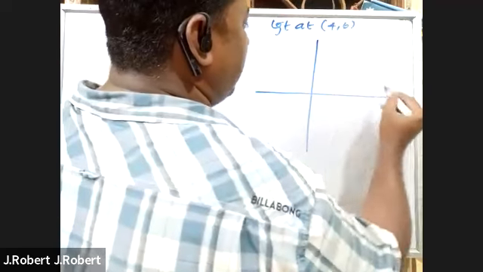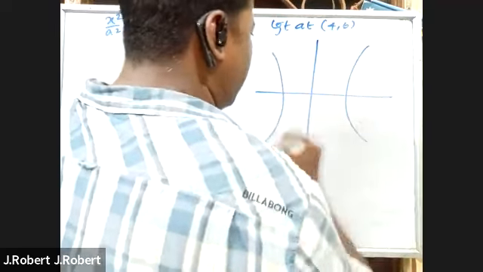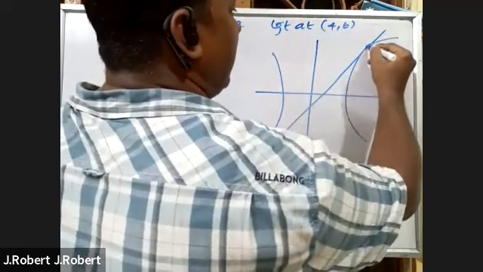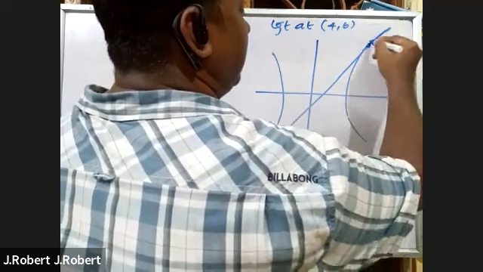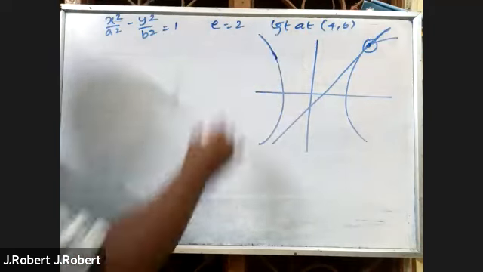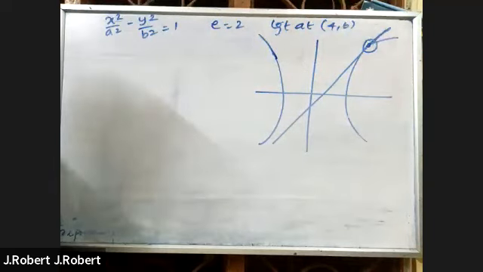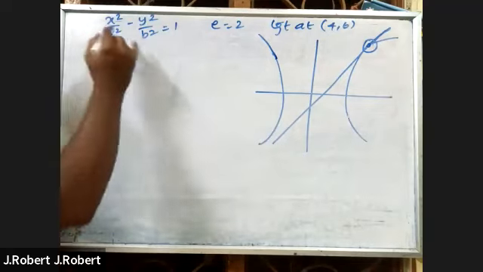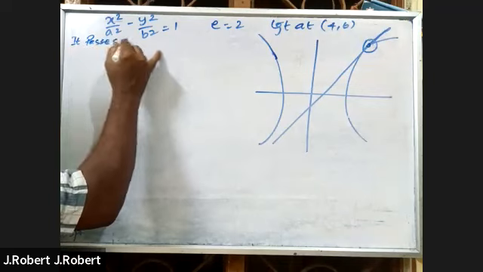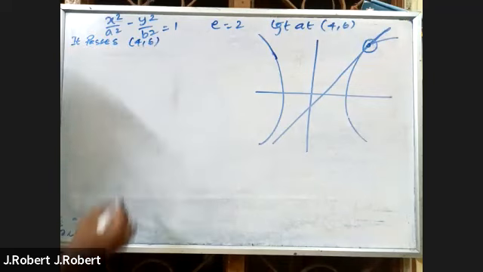We all know what a tangent of the hyperbola is: a line that touches the hyperbola at one point. That point is the point of the tangent and also the point of the hyperbola. So I can say the point (4, 6) lies on the hyperbola, which passes through the point 4 comma 6.